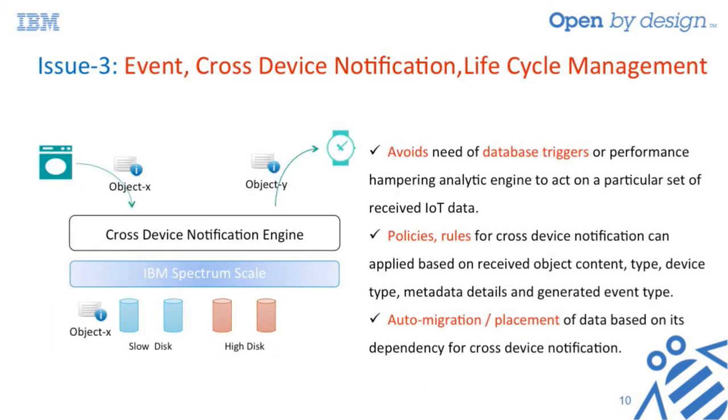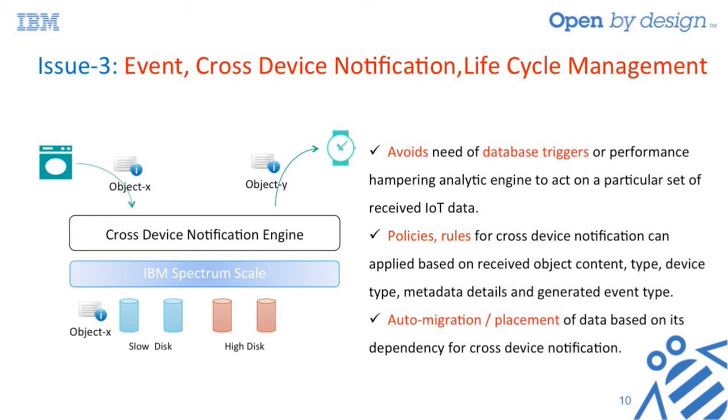The next slide shows topic 3, which is about cross-device notification and information lifecycle management. For cross-device notification, an engine could be used, which acts based on rules and policies.